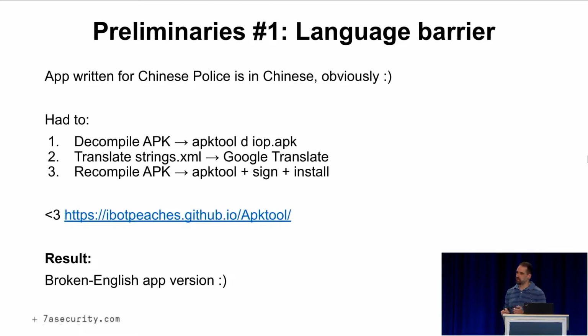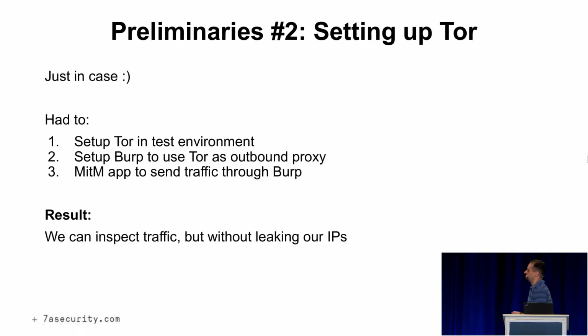And yeah, it's really not a proper translation. It's like broken English, but for those of us that don't speak Cantonese or Mandarin or any of those Chinese languages, the broken English app version is way better than all these symbols, right? At least you know more or less what it might be about.